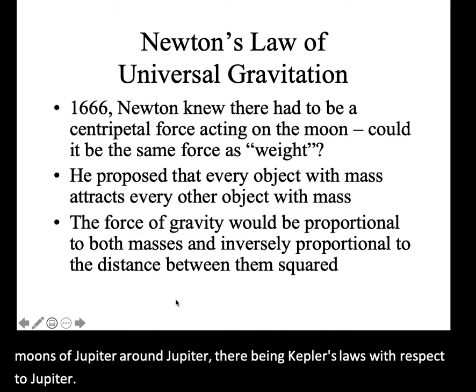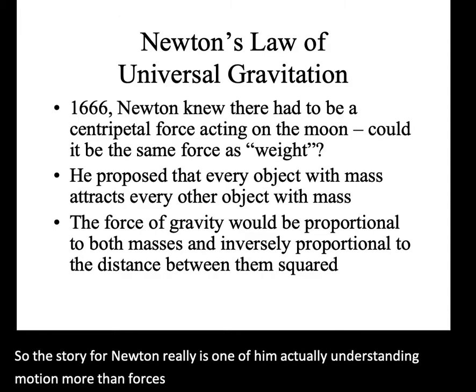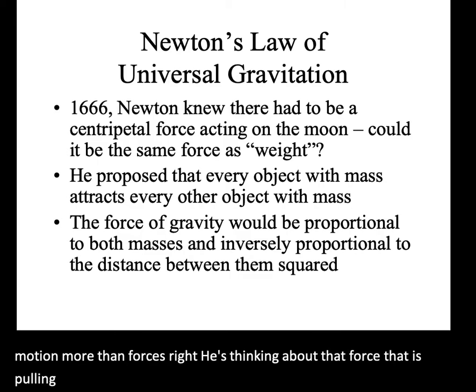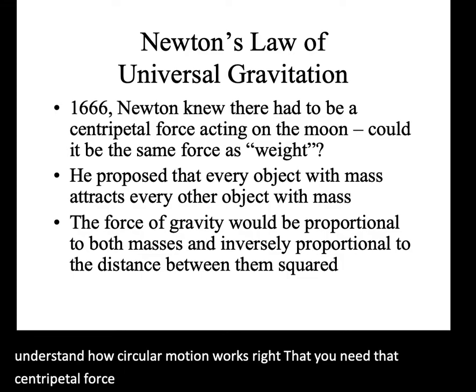So the story for Newton really is one of him actually understanding motion more so than forces, right? He's thinking about that force that's pulling us towards the Earth, gravity. He's also the first person to actually understand how circular motion works, right? That you need that centripetal force that pulls you in towards the center of a circle in order to constantly change your direction.